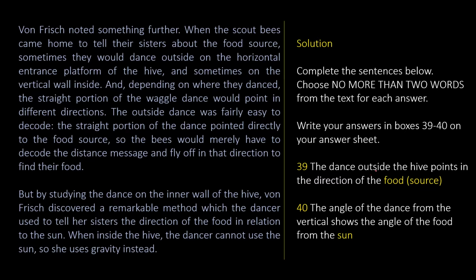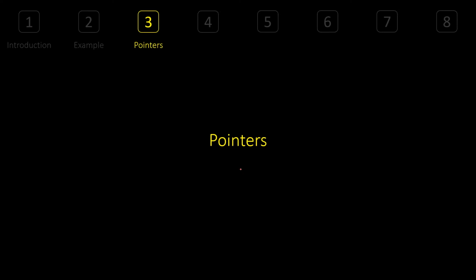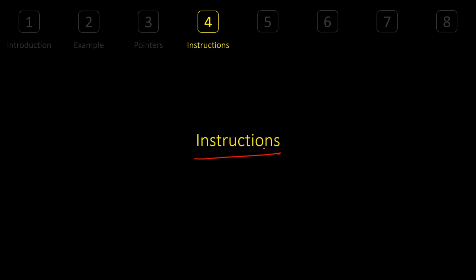We'll see how we found the answer, but first let's talk about the pointers, tips and tricks which can help you find the answer easily. Eventually, we'll talk about the answers. The first one is definitely the instructions. We have been repeating it 10 times or maybe more.